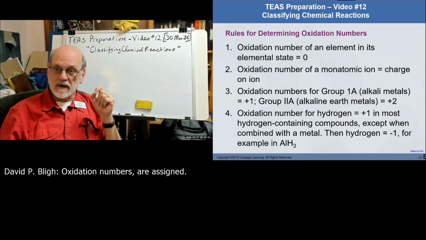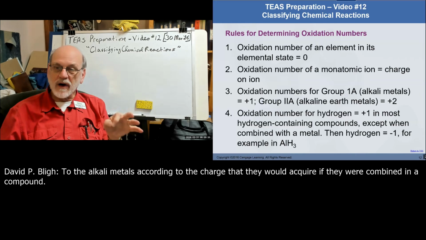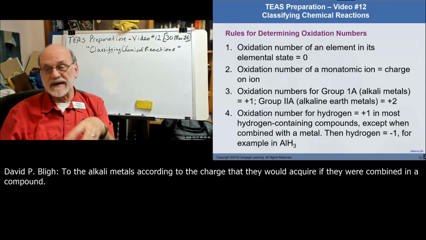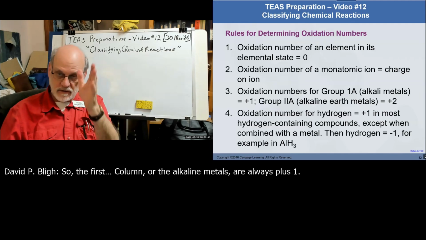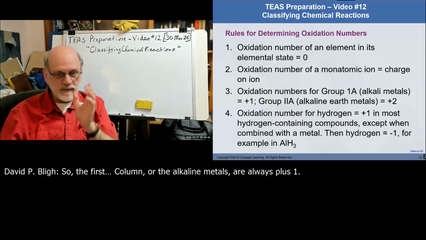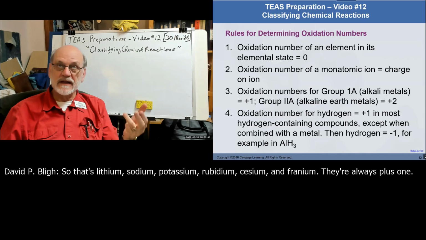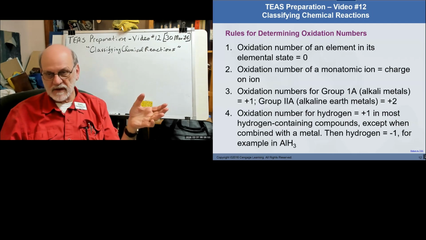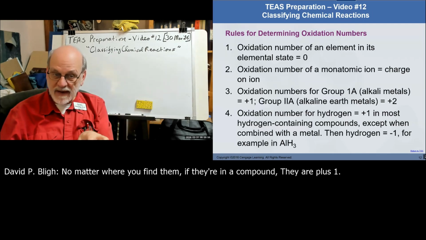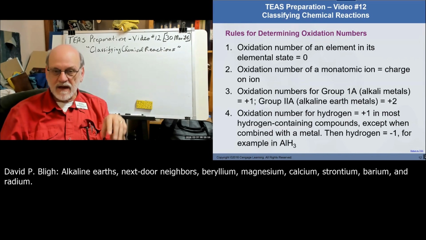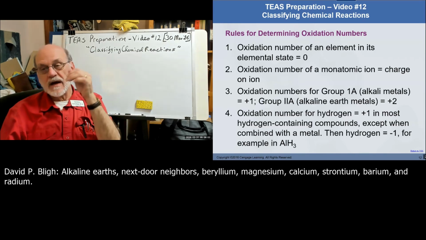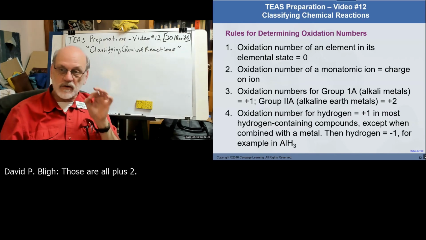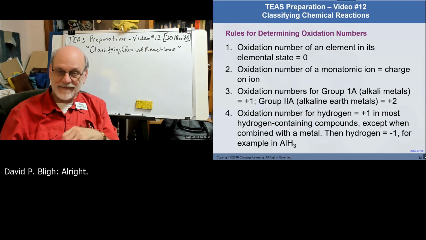Oxidation numbers are assigned to the alkali metals according to the charge that they would acquire if they were combined in a compound. So the first column, or the alkali metals, are always +1. So that's lithium, sodium, potassium, rubidium, cesium, and francium. They're always +1. No matter where you find them, if they're in a compound, they are +1. Alkaline earths, next door neighbors, beryllium, magnesium, calcium, strontium, barium, and radium. Those are all +2. All right.